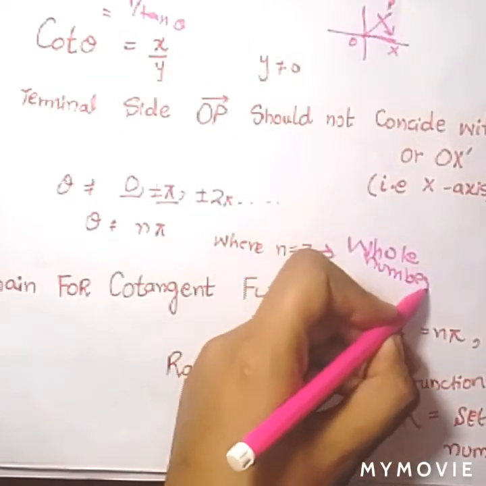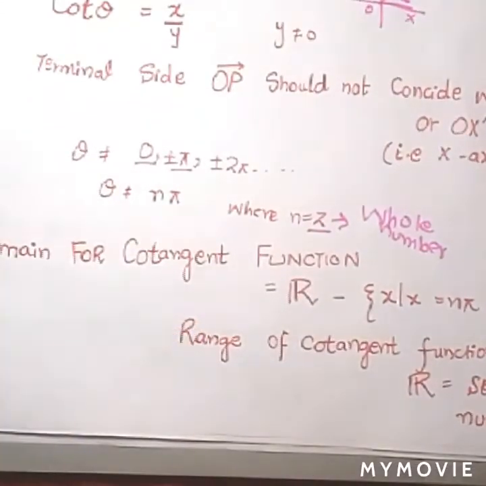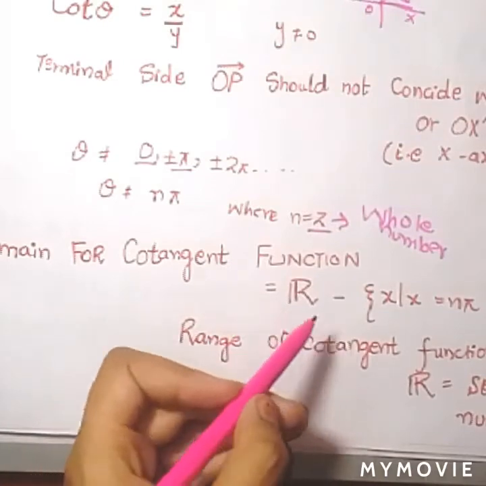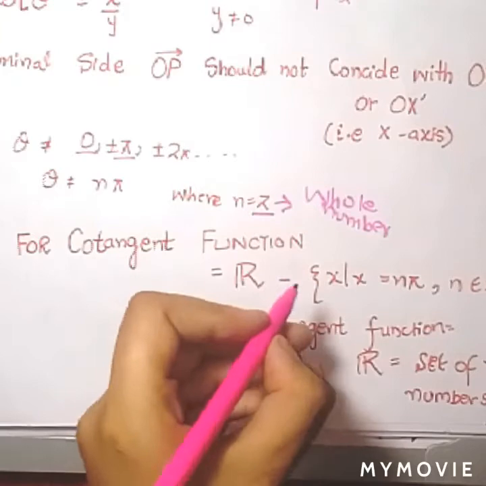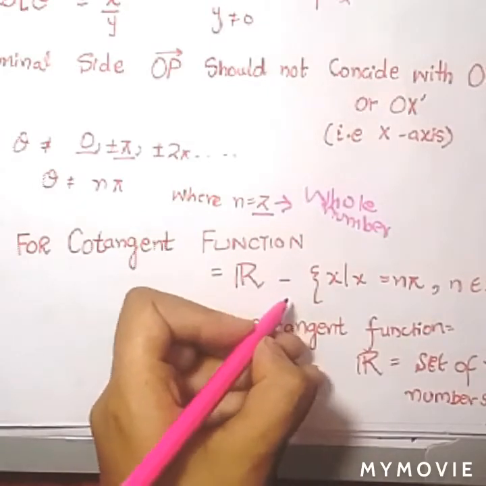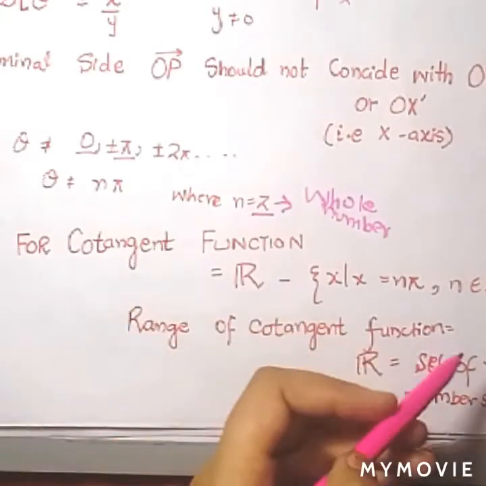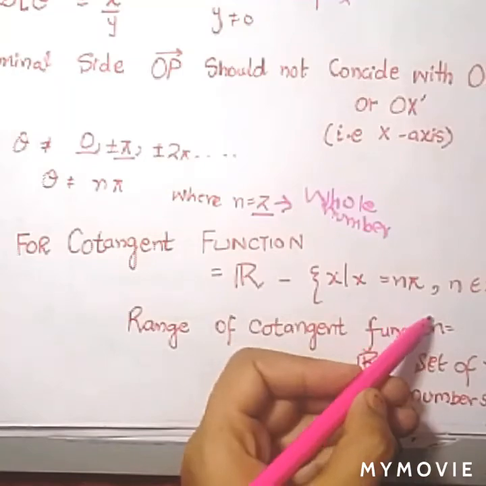The domain of the cotangent function is thus the set of real numbers except where x is not equal to n pi.